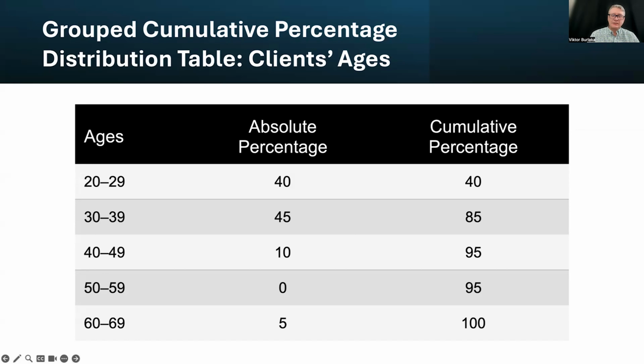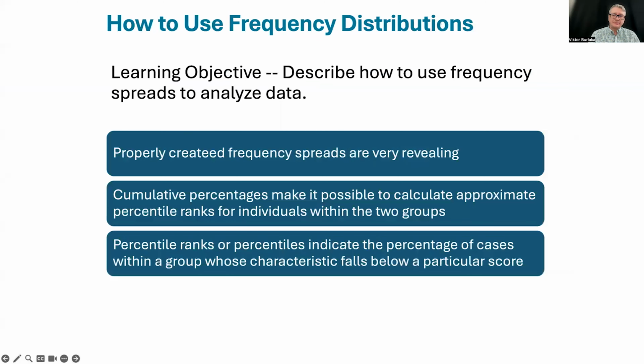Grouping can make it easier to see overall trends, such as which age group has the most clients. This method is especially useful in social work when we're dealing with large data sets, and it helps us make decisions about where to allocate resources or design programs to fit client needs.